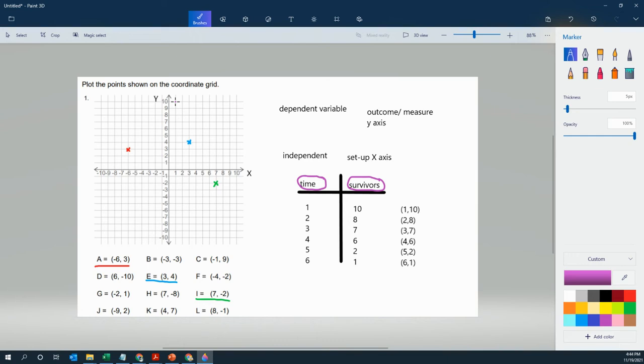That would be here. 2, you'd be at 8. 3, you'd be at 7. 4, you'd be at 6. 5, you'd be at 2. And 6, you'd be at 1. And then if you wanted to graph this, the curve would look like this. Okay? This is graphing in general.